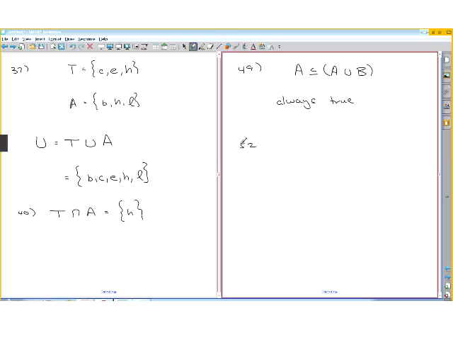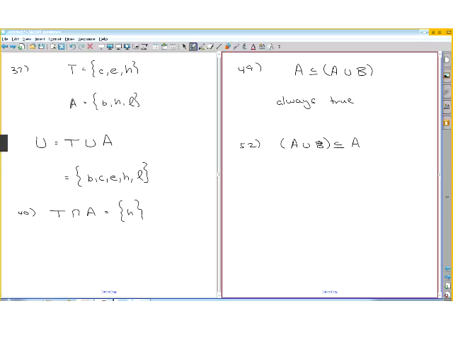Okay, the next one is 52. And here we have the intersection of the union of A and B is a subset of A. Okay.